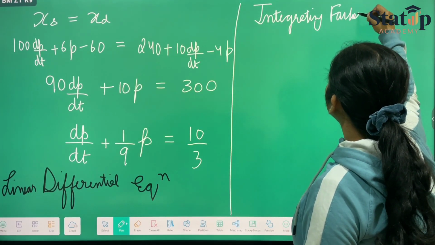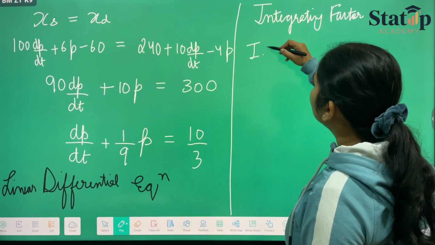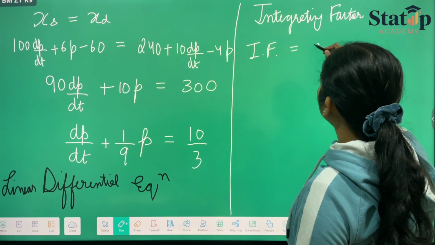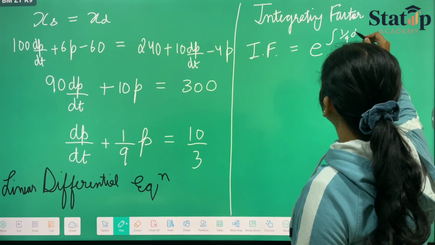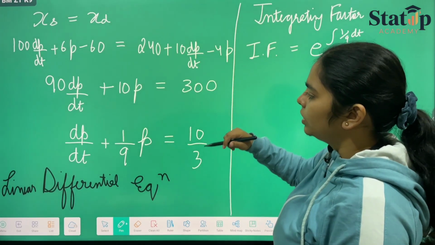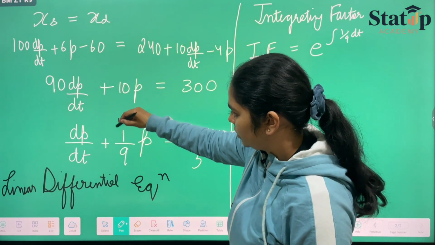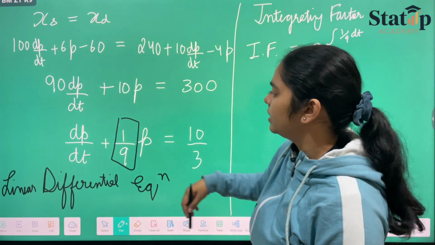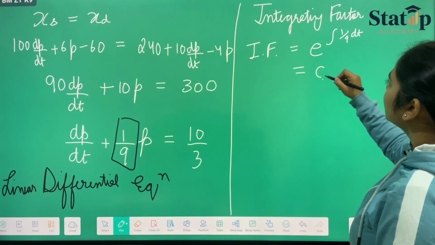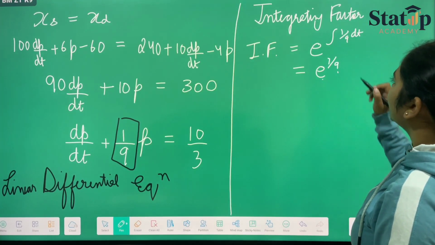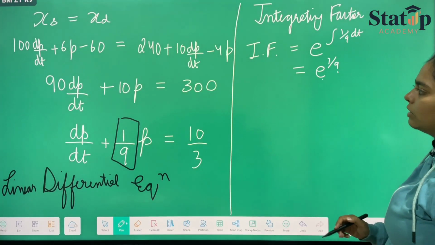The integrating factor can be written as e raised to the power integration of 1 upon 9 dt. Here 1 upon 9 is the a in a dt, and it is nothing but e raised to the power t upon 9. So we have got the integrating factor.